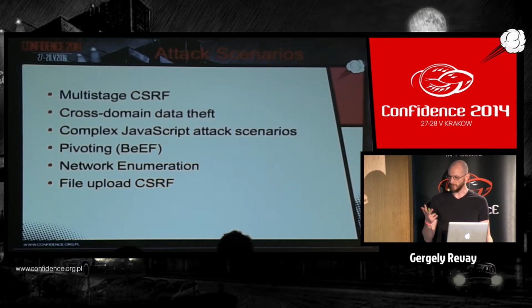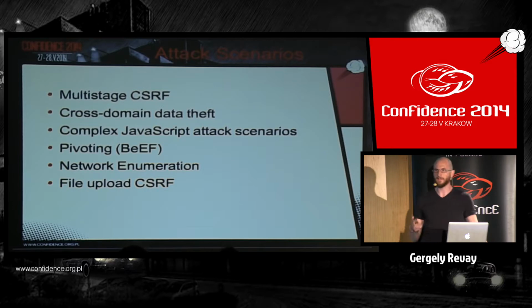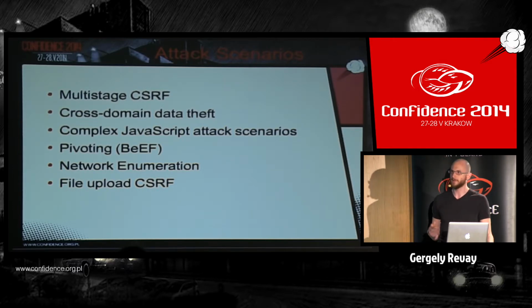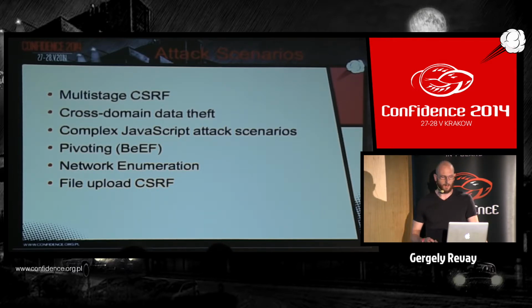That means that this is 3 stages. So as an attacker, you have to send at least 3 requests. Without JavaScript, it's kind of difficult to do this. It's possible, but it's difficult for the attacker to implement such an attack with so many steps.